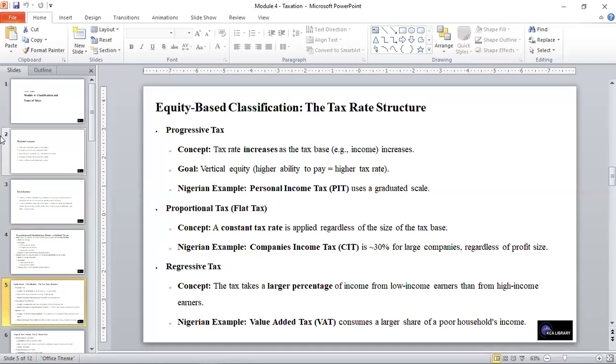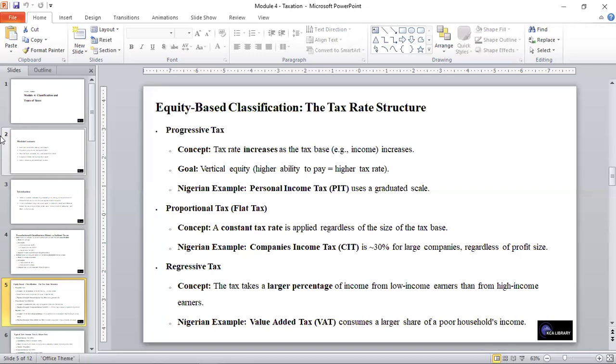When we look at the classification by tax rate structure, we have the progressive tax, where the tax rate increases as the tax base, that is the income, increases.